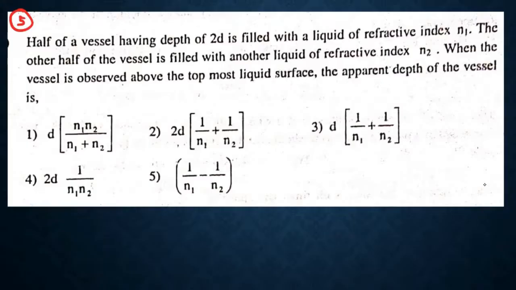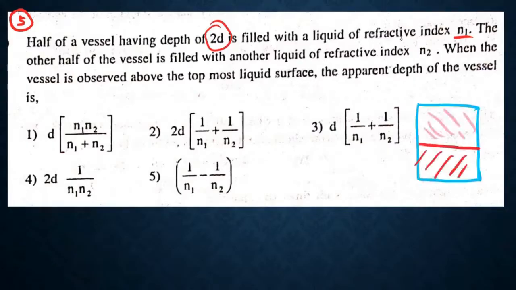Half of a vessel having depth 2d is filled with a liquid of refractive index n1, and the other half of the vessel is filled with another liquid of refractive index n2. So it's two different liquids. We have to take them as two different liquids. So first one is n1 and the second one is n2.